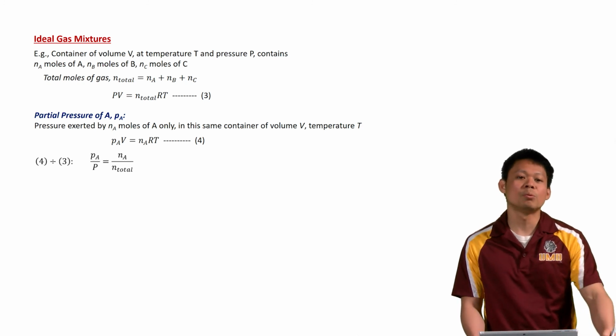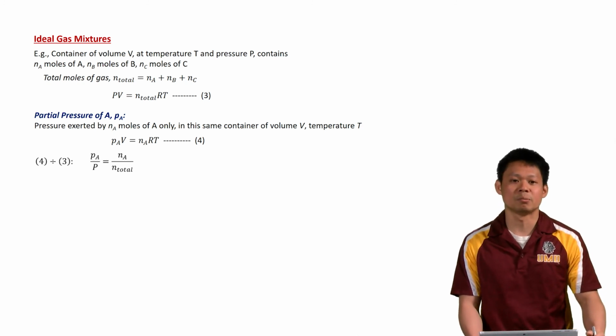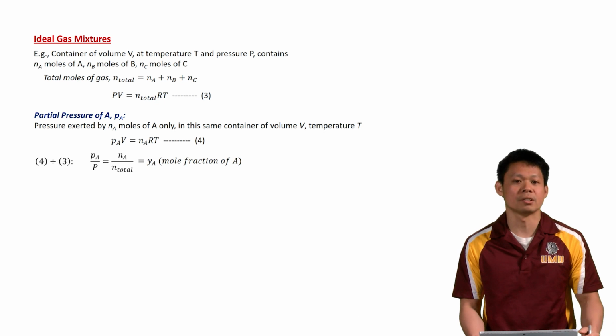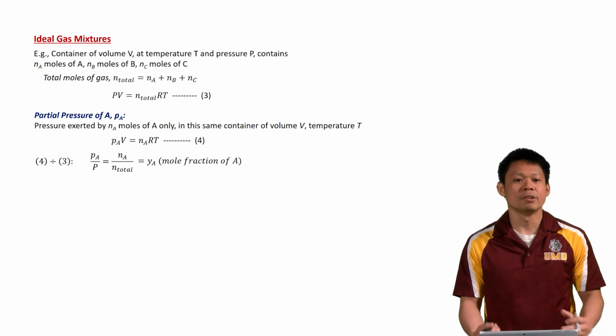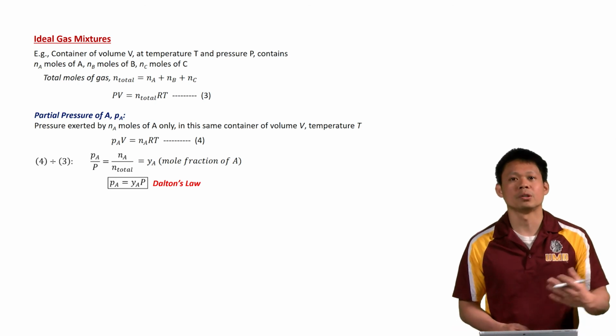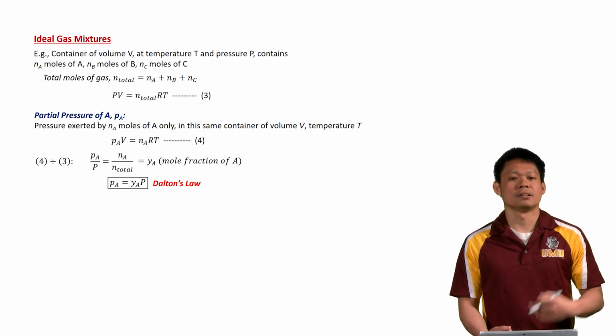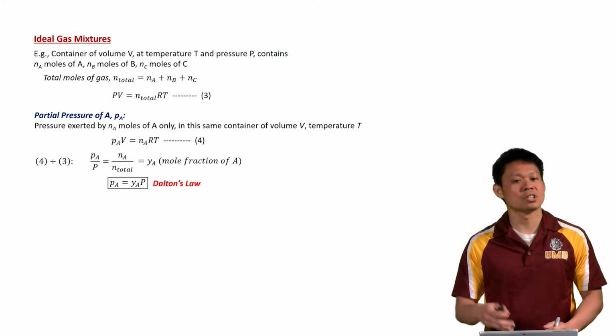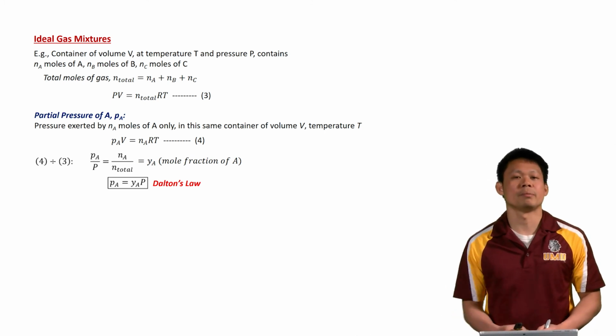But we know what that ratio is. That is simply the mole fraction of A. Rearranging this equation, you have what we call Dalton's law, which is really important for you to remember. The partial pressure of any species is just the mole fraction of that species multiplied by the overall pressure.